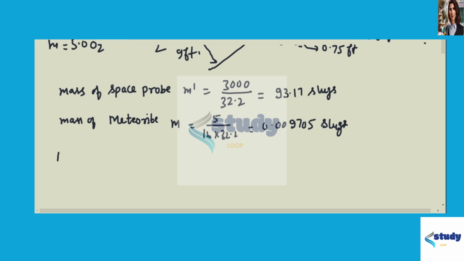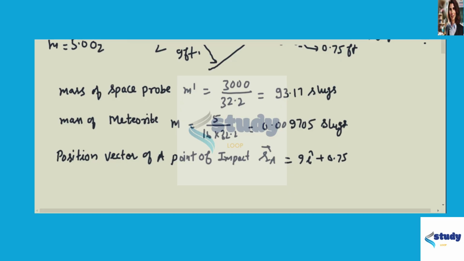Position vector of point of impact A, r A, will be 9 i cap plus 0.75 k cap feet.